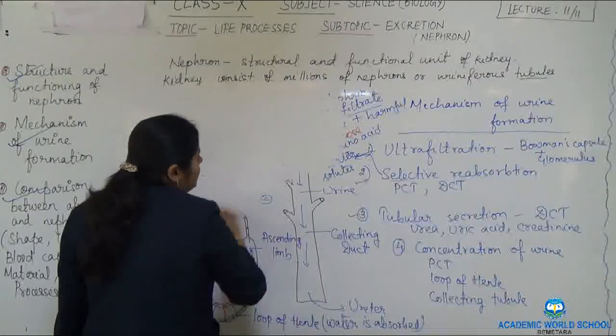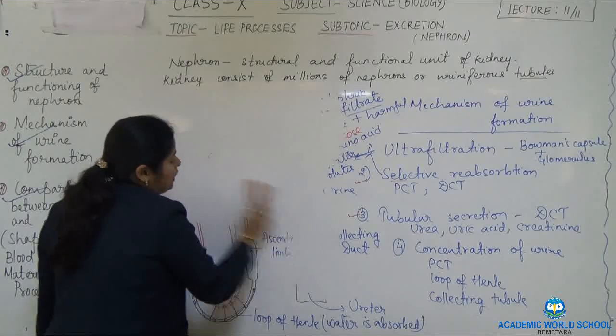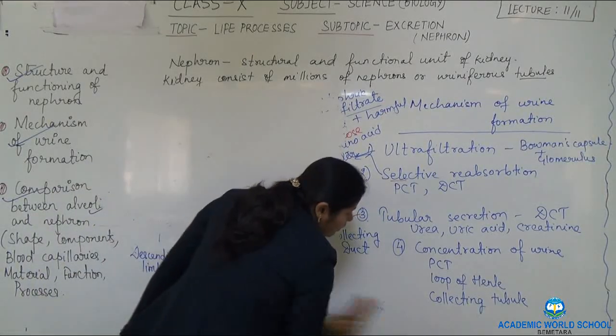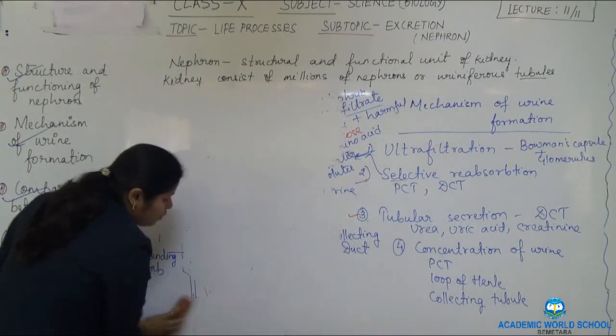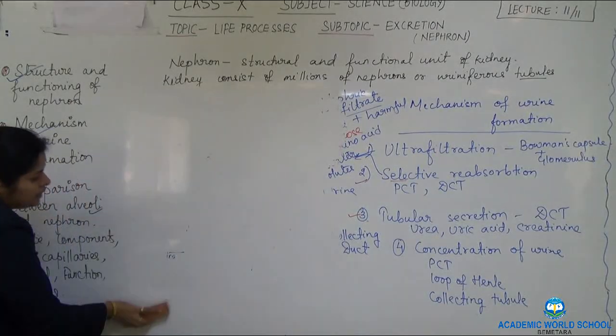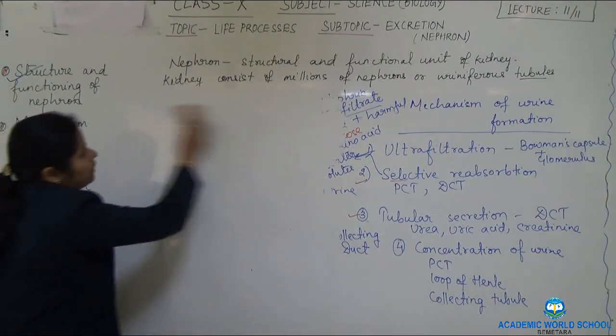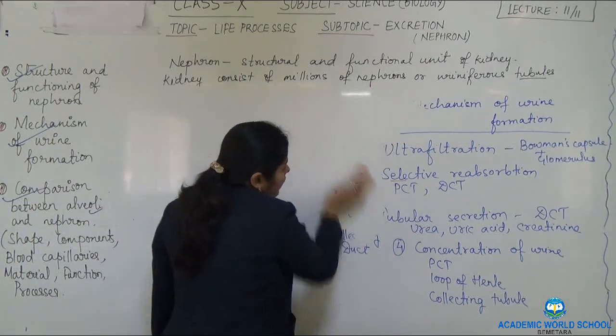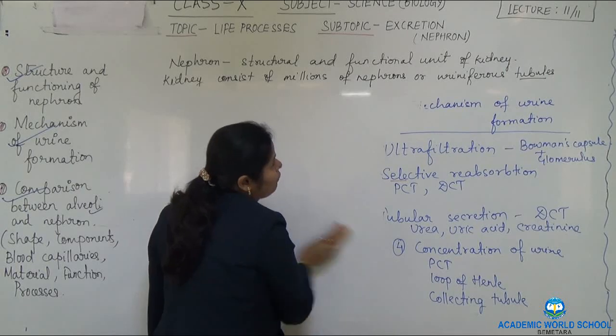Alveoli is an important part of respiration and nephron is an important part of excretion. That's why we need to compare these two components. We need to understand the major differences between alveoli and nephron.